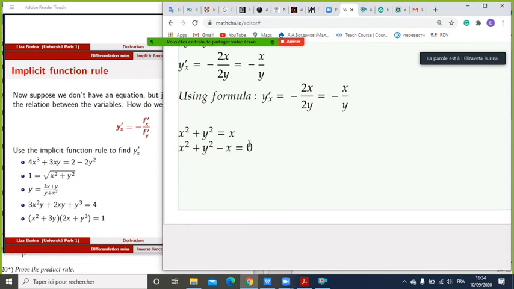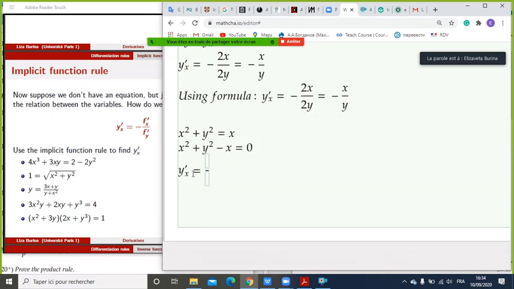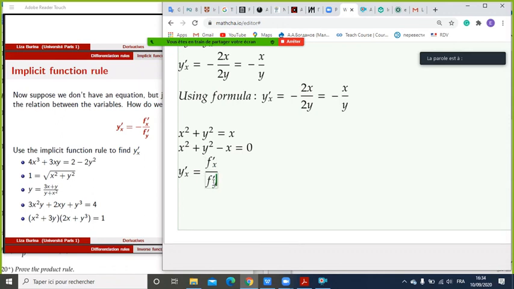So this is the standard form to start using the implicit function formula, and we're going to have, let's write it the same way, the fraction of f prime x over f prime y, and here minus, don't forget.